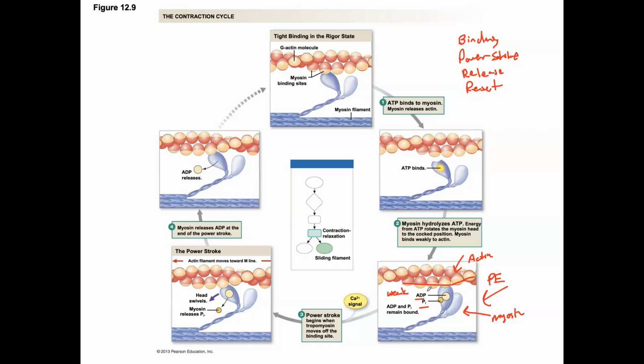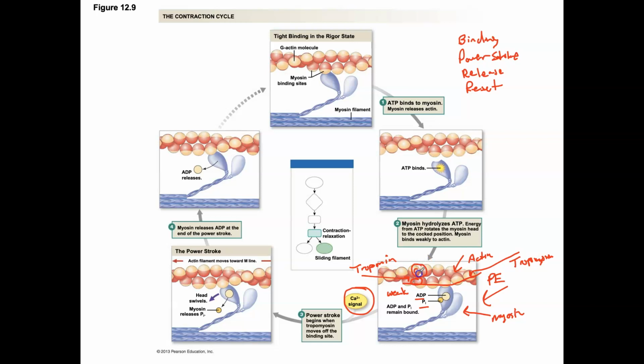In order to have a power stroke, there has to be a calcium signal. That calcium signal activates troponin, which is going to move tropomyosin. So there's another protein called troponin, so we'll label that troponin. And this, of course, was the blocking protein, so we'll label it tropomyosin. Troponin can move tropomyosin if calcium binds to it.